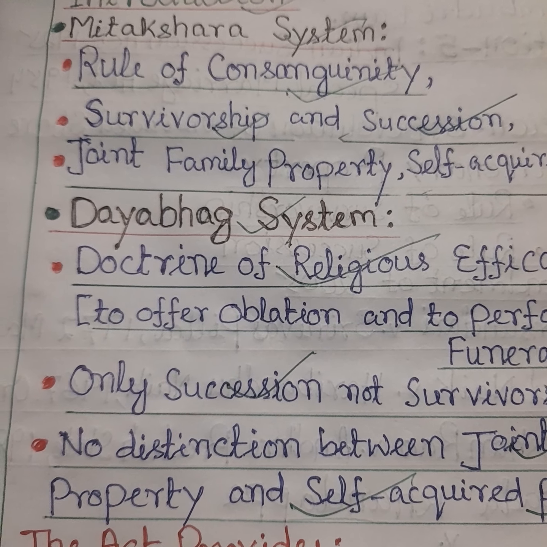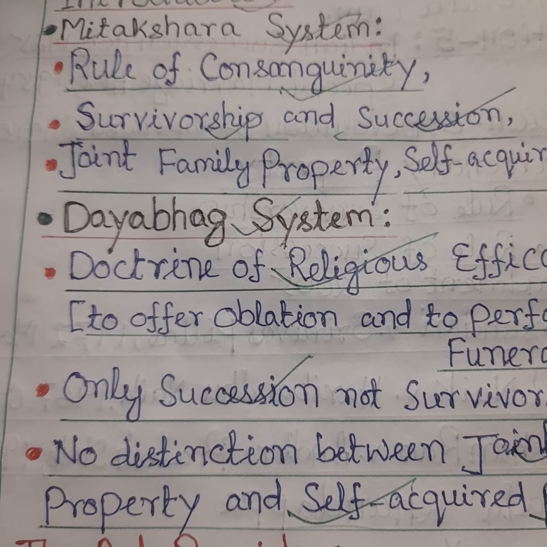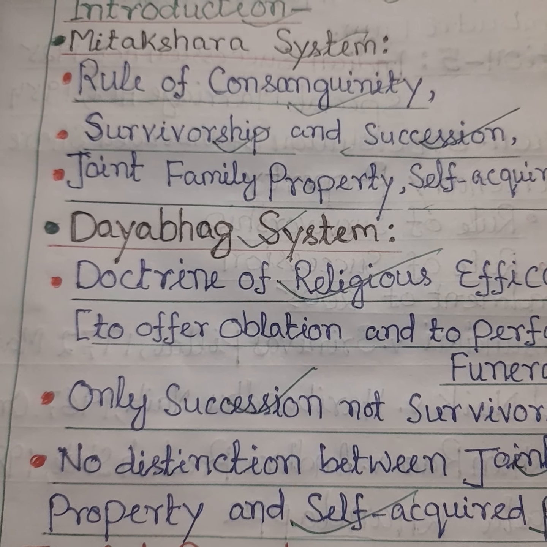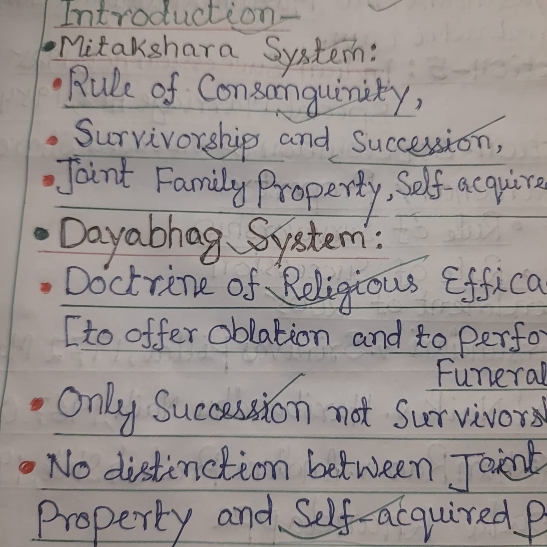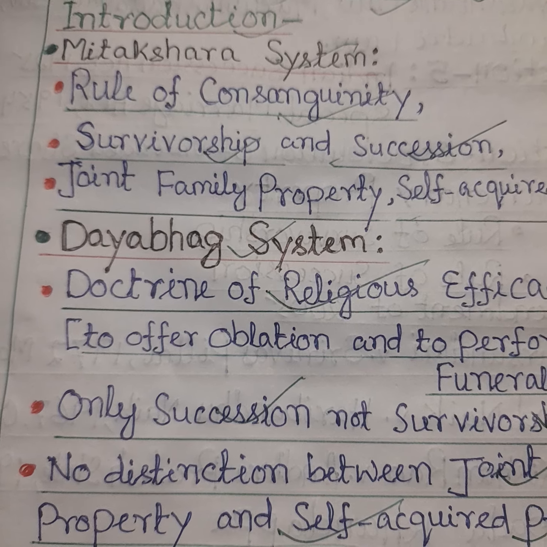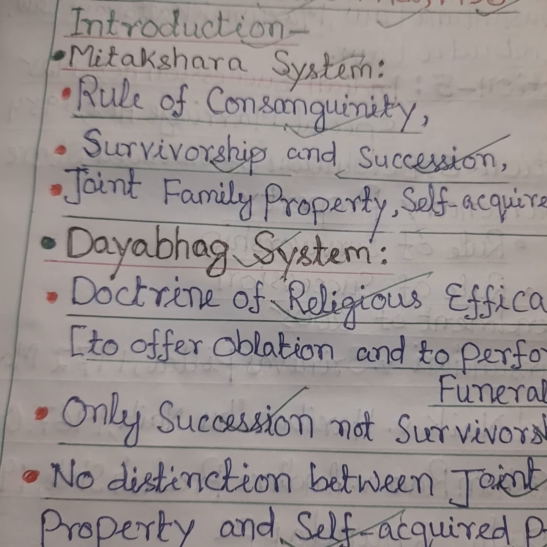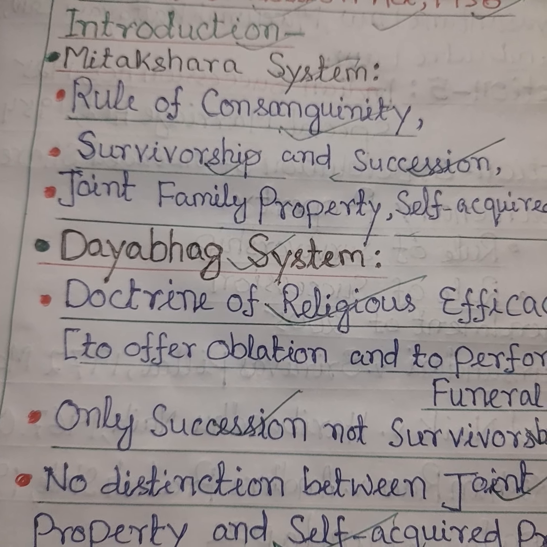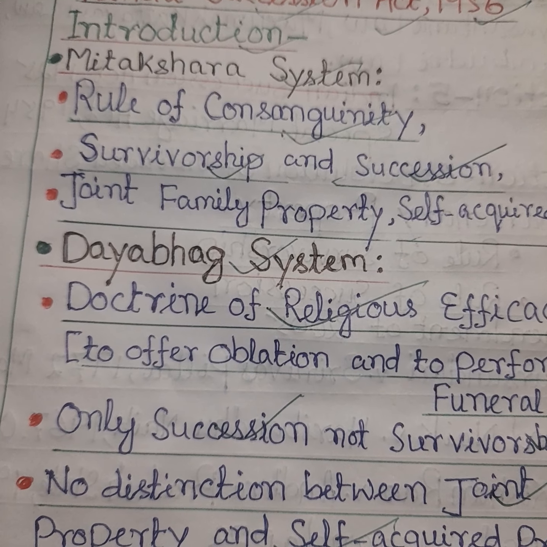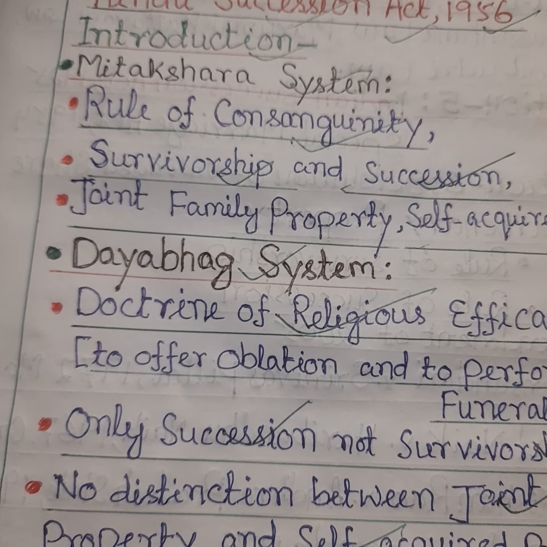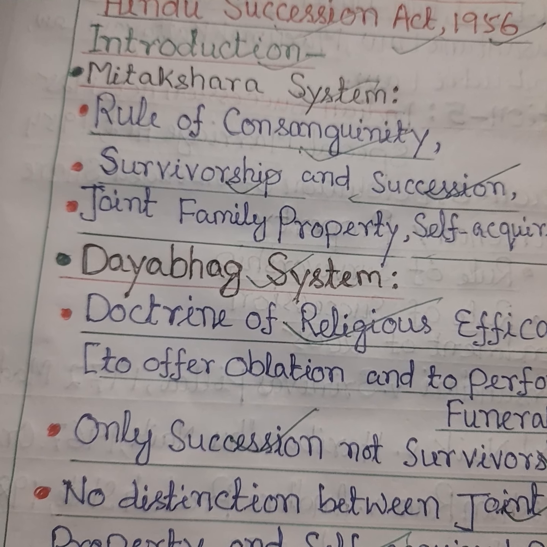The doctrine of religious efficacy of the Dayabhaga school says devolution of property by succession depends on the competency of a person to offer oblation and to perform funeral rites.